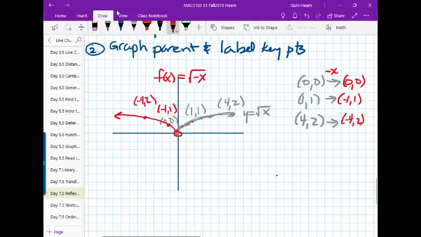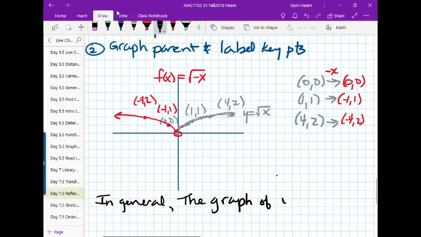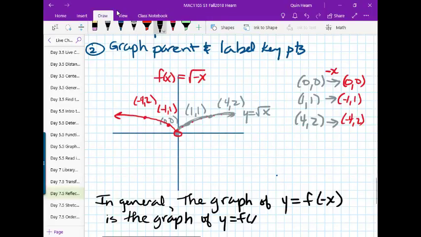Okay, so in general, the graph of y equals f of negative x is the graph of y equals f of x reflected over the y-axis.